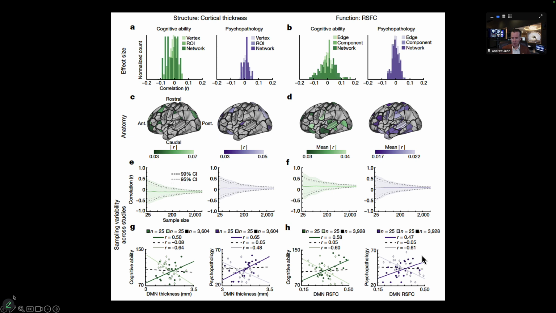And their key point, if you look at this figure down here, is that if you take a random subsample of maybe 25 subjects from this larger database, you can get completely opposite correlations of things like resting state connectivity and cognitive ability. So that suggests if we're just looking at things like behavioral metrics or other phenotypes, trying to establish correlations with a typical sized fMRI study is probably not going to cut it.